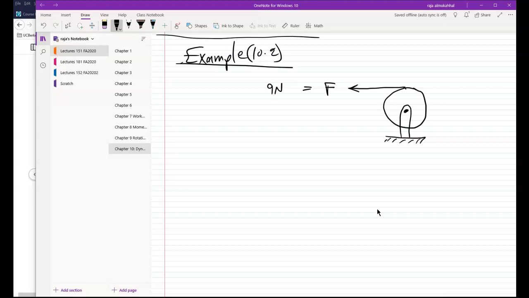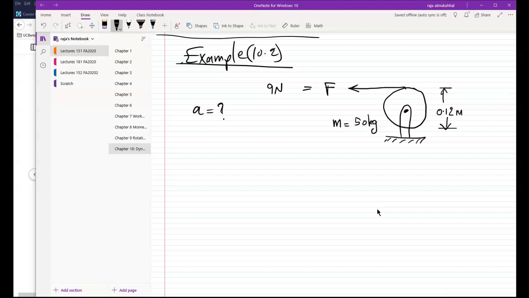He gives you the diameter of the drum, 0.12 meters, and the mass of the drum is 50 kilograms. Here we have a cable wrapped around the cylinder. The force is 9 Newton. What is the linear acceleration?